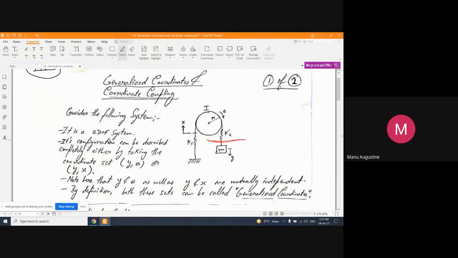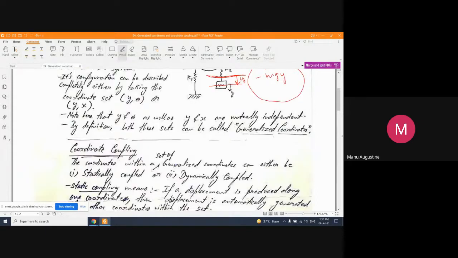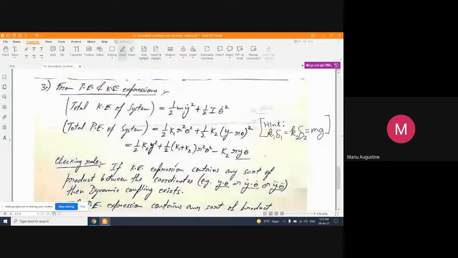Once the whole system starts vibrating, I took a random position in which the mass is occupying a position y distance below the equilibrium position. So actually the mass has lost some potential energy, equal to mgy, and this must appear with a negative sign. Where is this expression in your total potential energy? It is not there.